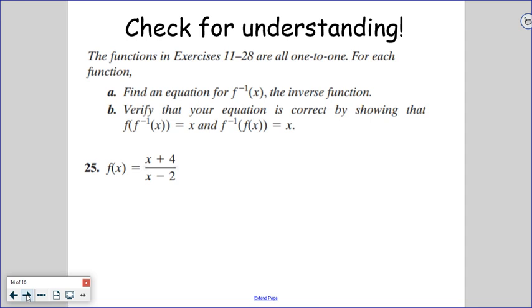Step number 1, write down your equation, but make it y equals instead of f of x equals. Step 2, exchange all your letters. Distribute.